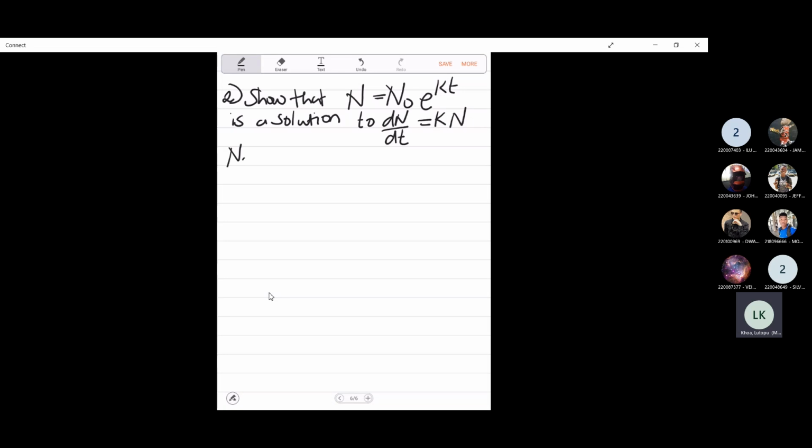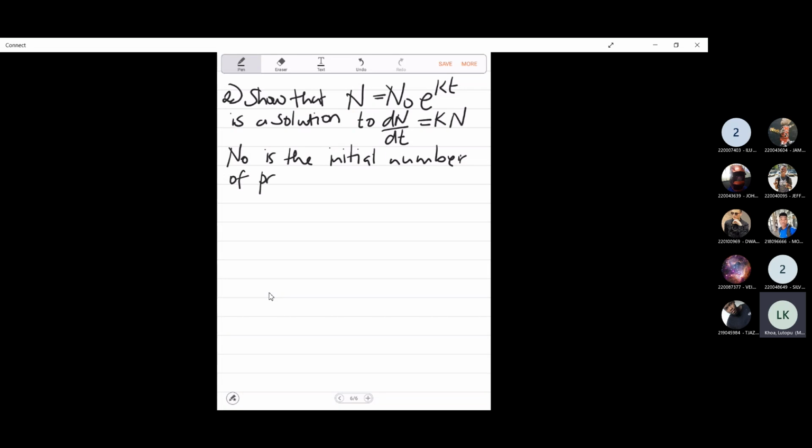And here we're told that N naught is the initial number of particles.